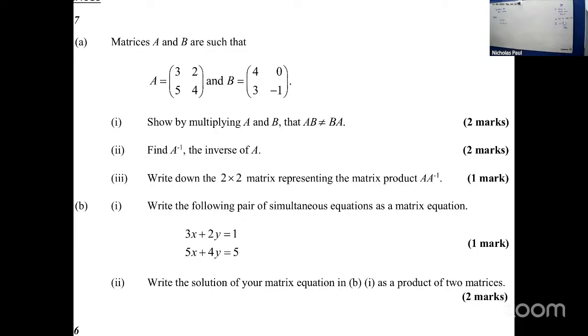Right, so you had to multiply A by B, B by A, and show it's not equal. You had to do some multiplication. Then find the inverse and then multiply.